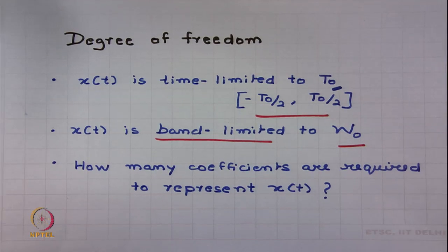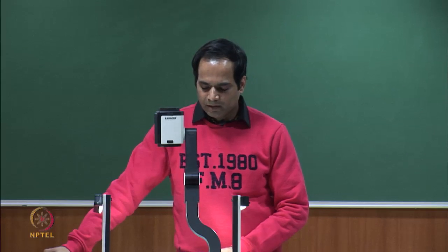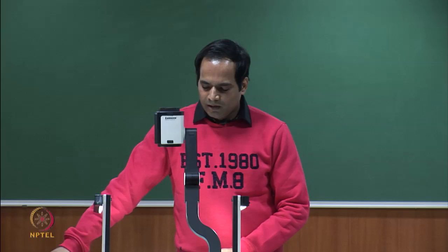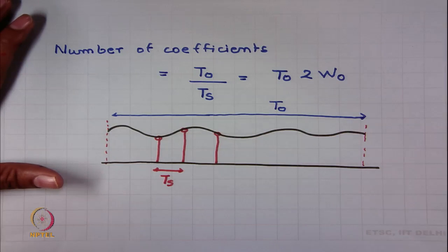So, let us look at the number of coefficients that would be required, and it follows very simply from the ideas of the sampling theorem that we have just seen.